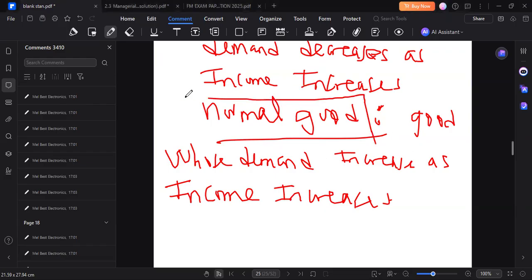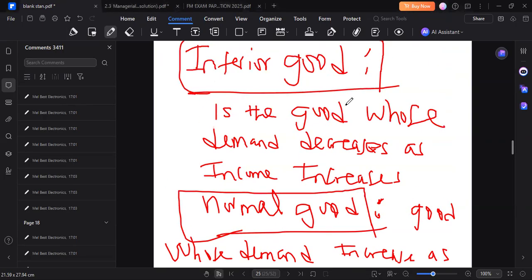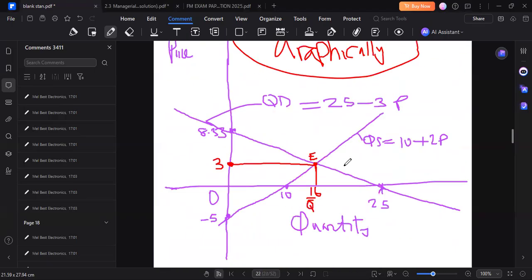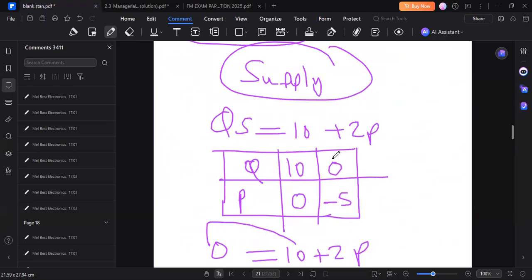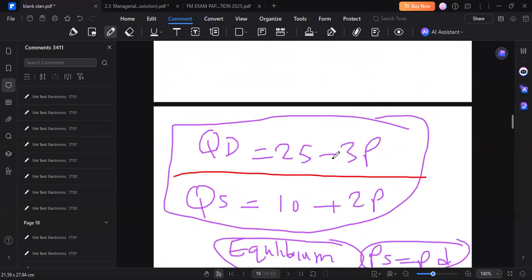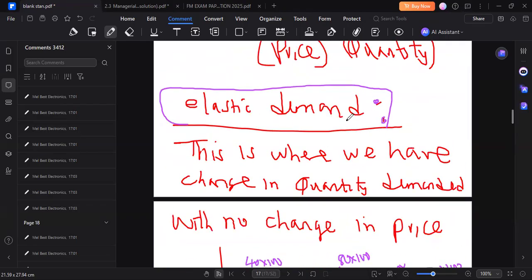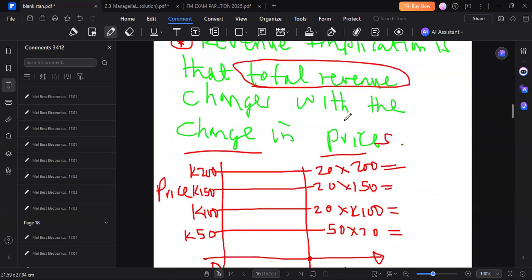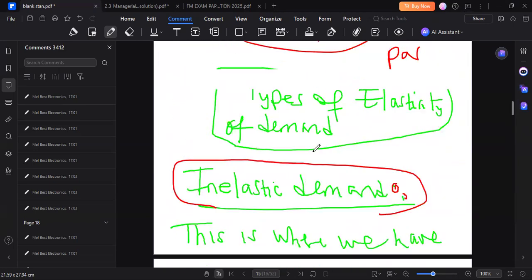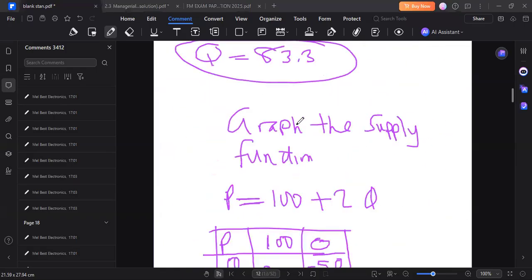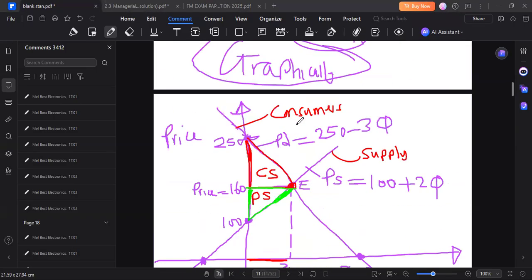So you have understood what an inferior good is, what a normal good is, and of course looking at the equilibrium point graphically and algebraically. We've done these two questions, and we have also looked at different implications for elastic demand, the revenue implications, and also the aspect of producer surplus and consumer surplus from this curve here.